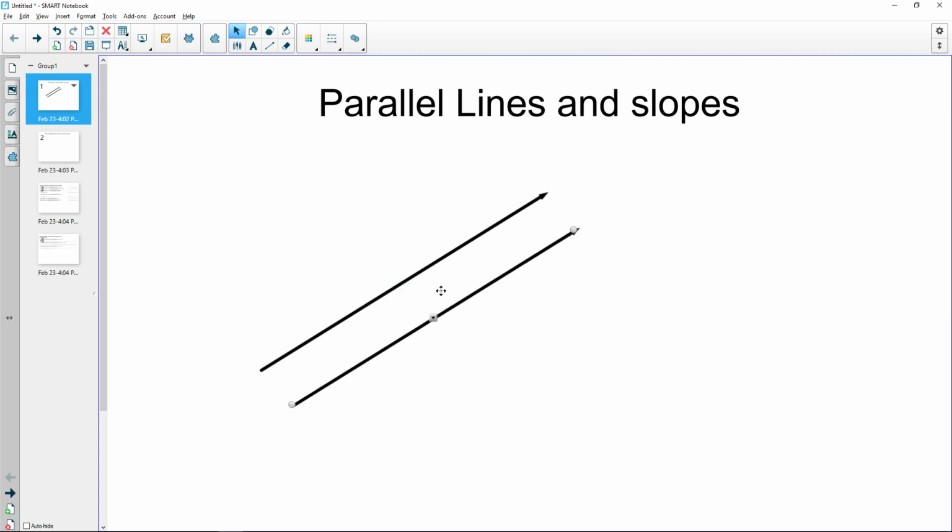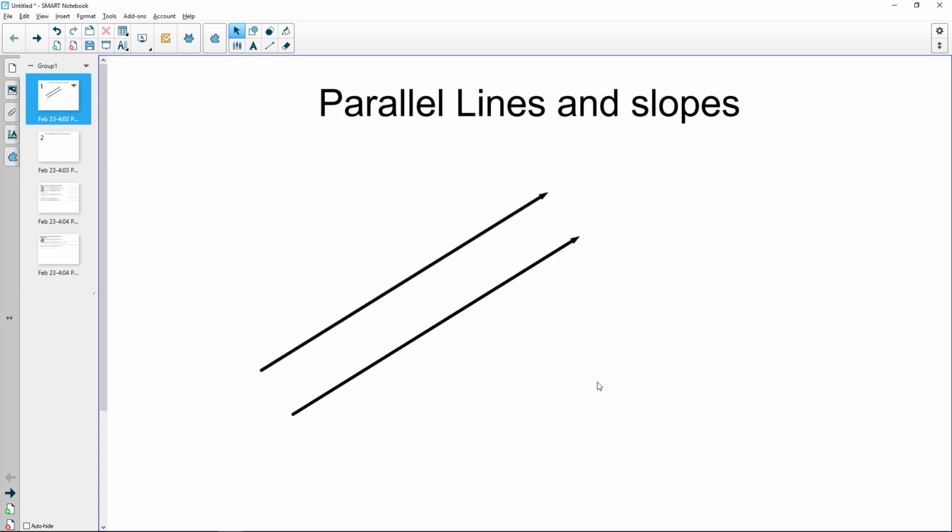Okay, let's make it go up or down. So parallel lines should always be something like this, something that will never ever touch each other. So this line can go on forever, but you will never run into each other. And that's really all there is to talk about, the property of parallel lines.